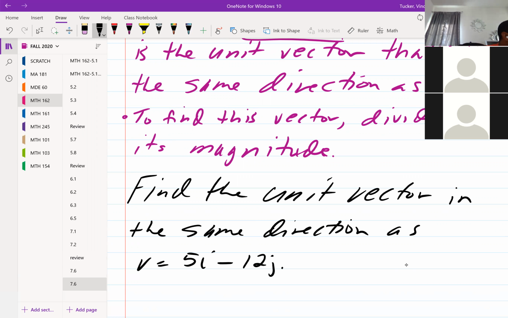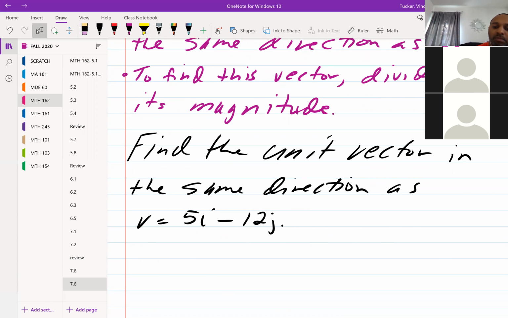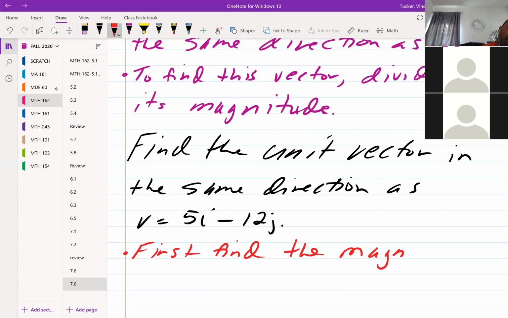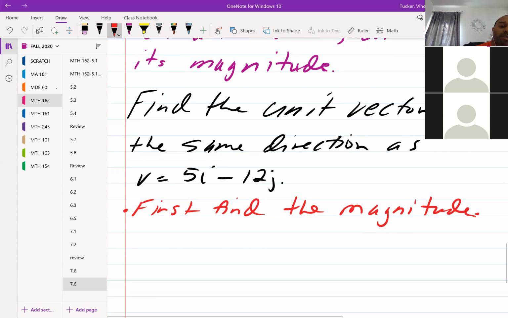Okay, so find the unit vector in the same direction as v equal to 5i minus 12j. First thing we'll do is find the magnitude.